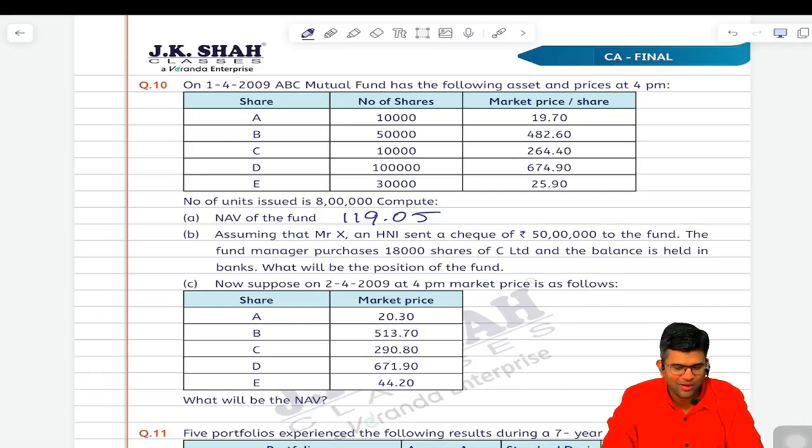So now that you have got 119.05, now read point number B. Read carefully, please. Point number B. Ready?